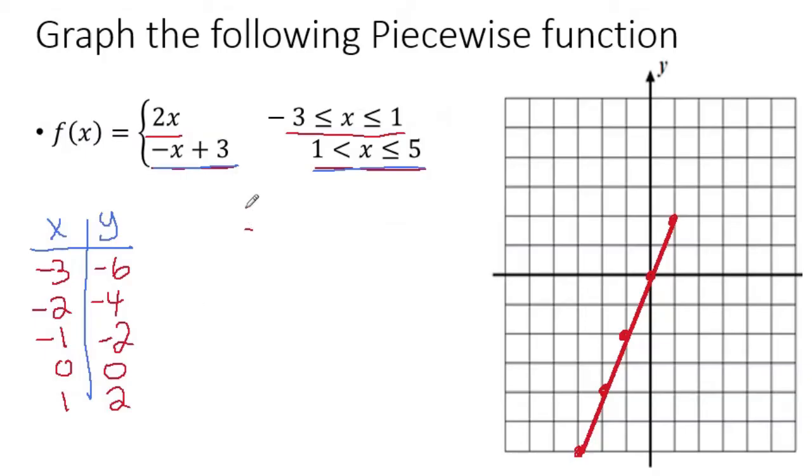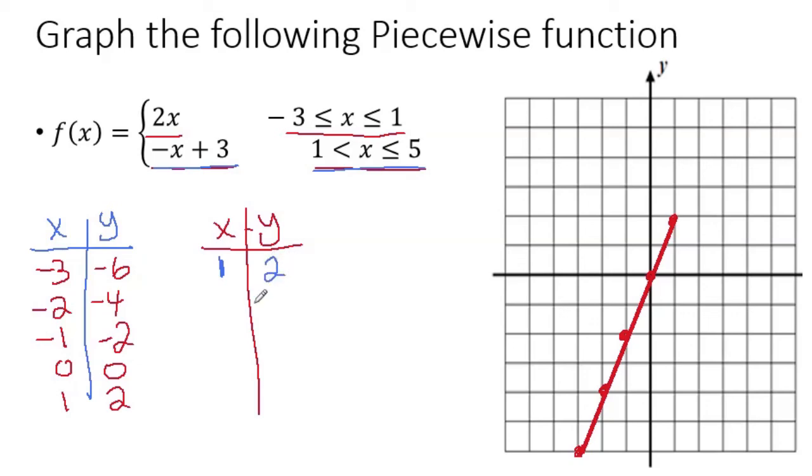So on the table here, I make x, y for the second piece. I'm going to put the values. I have to put the value of 1 in the table, although I'm not going to include 1 on the graph.